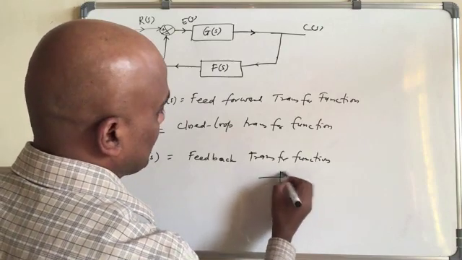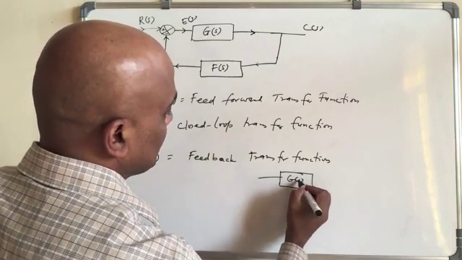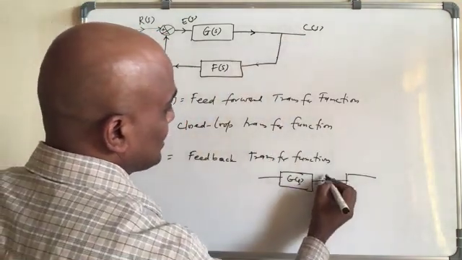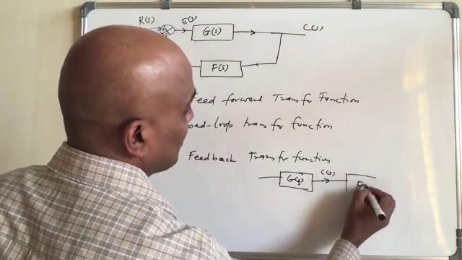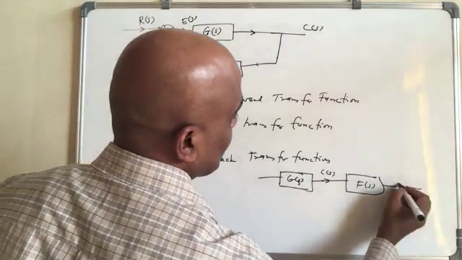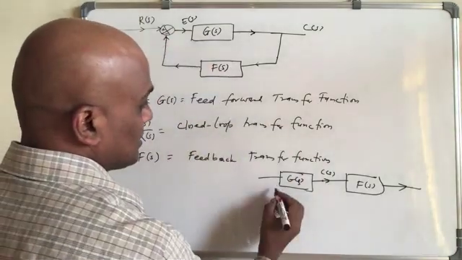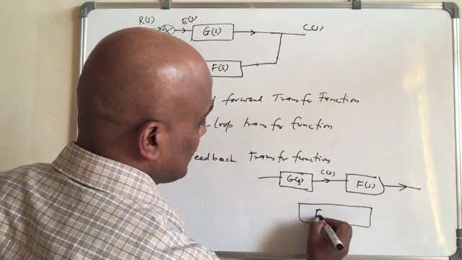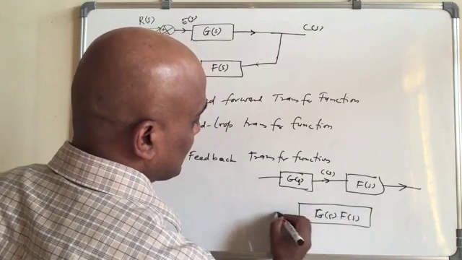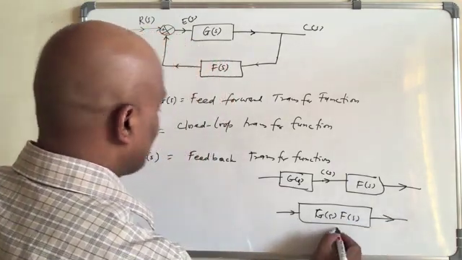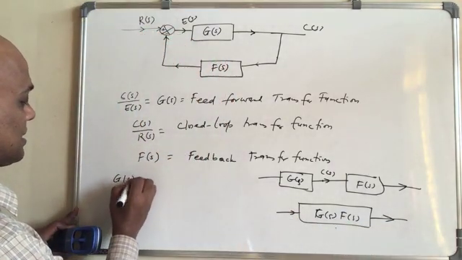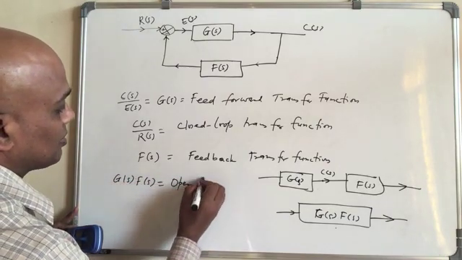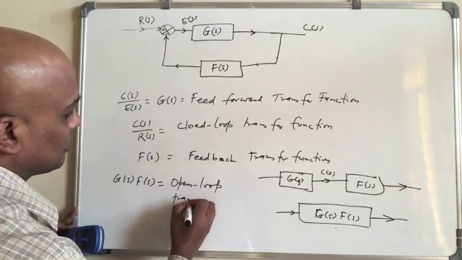and total, it is something like this. When you have GS here, and then after that, instead of going there, this is CS here, and then you have FS, and we are talking about this point. The whole thing we can combine together, we call it GS multiplied by FS, right? And GS times FS is the open loop transfer function.